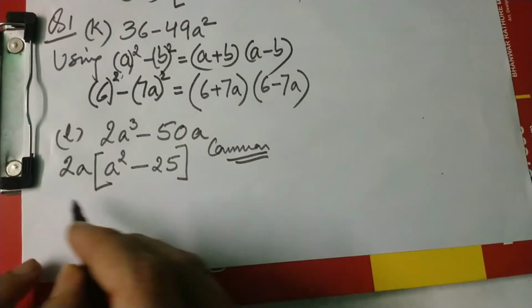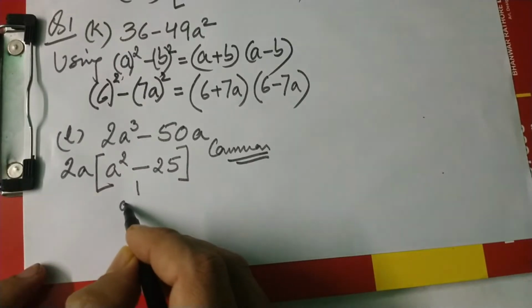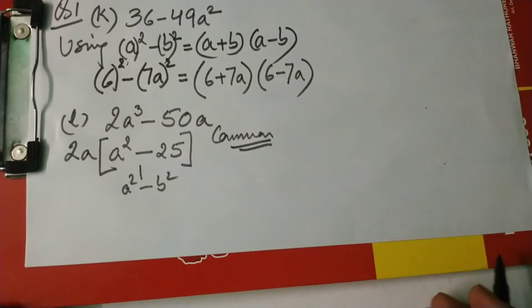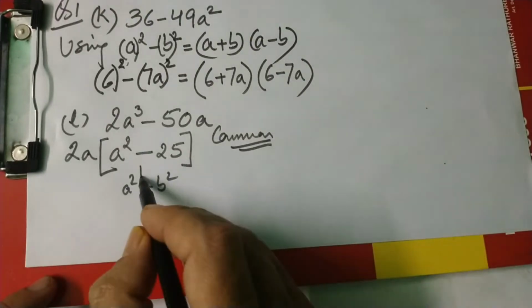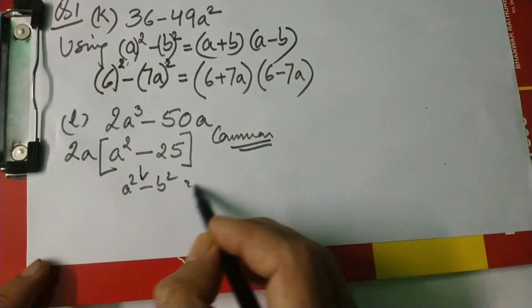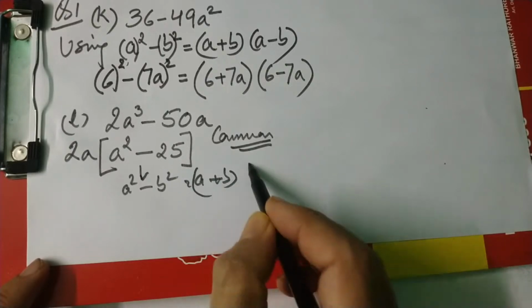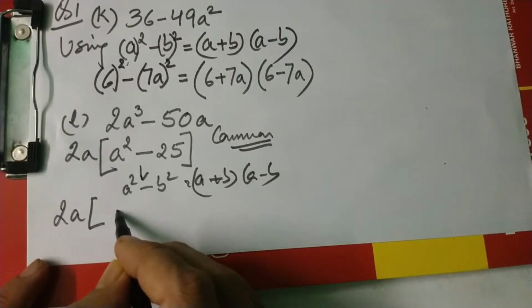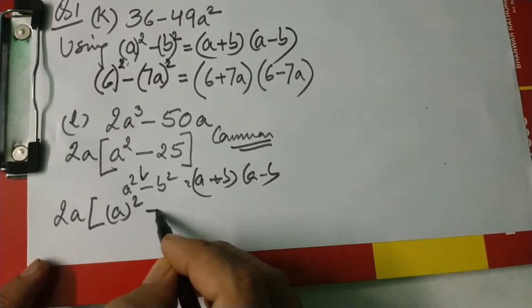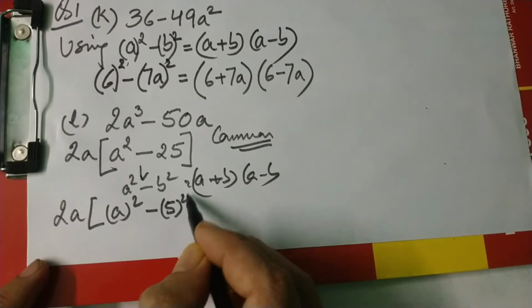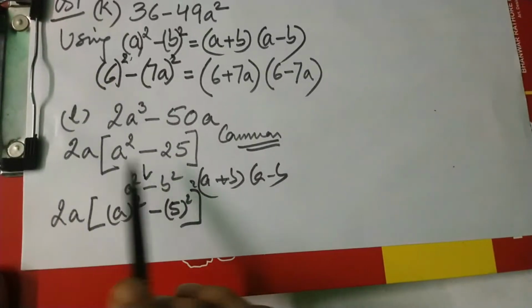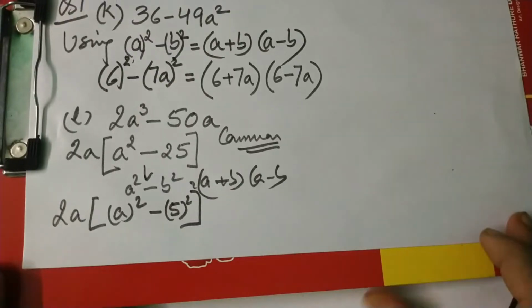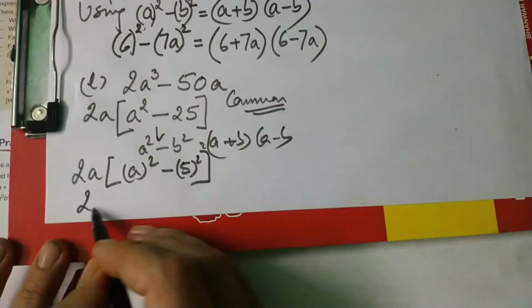Now I will solve this by using the formula a square minus b square, which is (a plus b)(a minus b). First let me write according to the formula: a square minus 5 square.